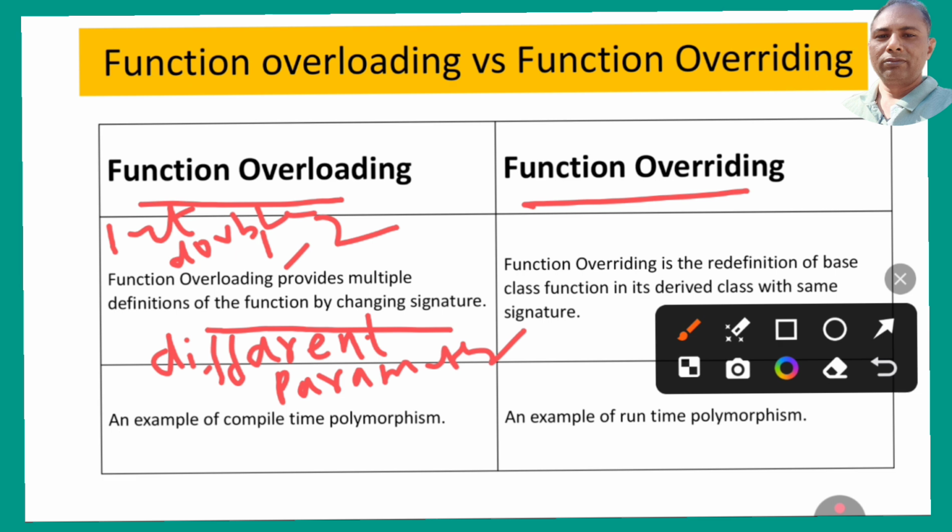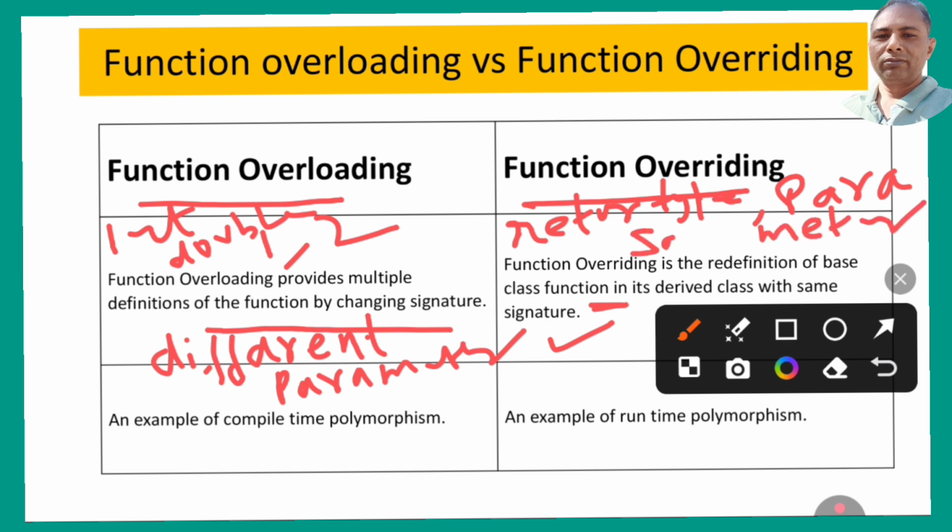In case of function overriding, function overriding is the redefinition of a base class function in a derived class. This is done in inheritance, and here the signature is the same. That means the return type and parameters are the same in case of function overriding.